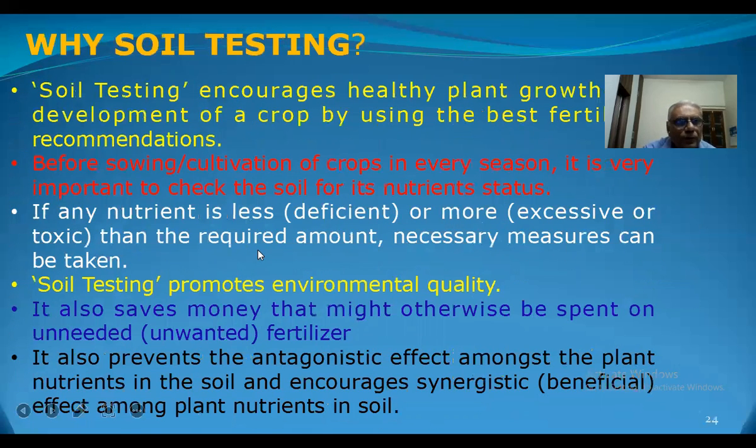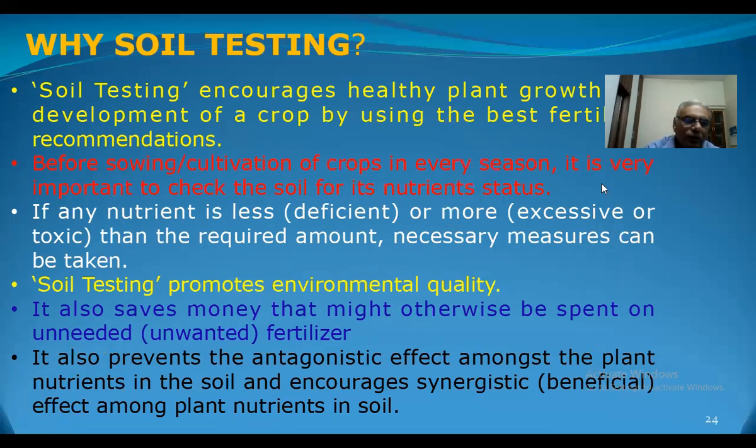So it continues. Soil testing encourages healthy plant growth and development of a crop by using the base fertilizer recommendation. Before sowing or cultivation of a crop in every season, it is very important to check the soil for its nutrient status. Suppose you find zinc deficiency or iron deficiency in soil analysis, then we can add zinc and iron.